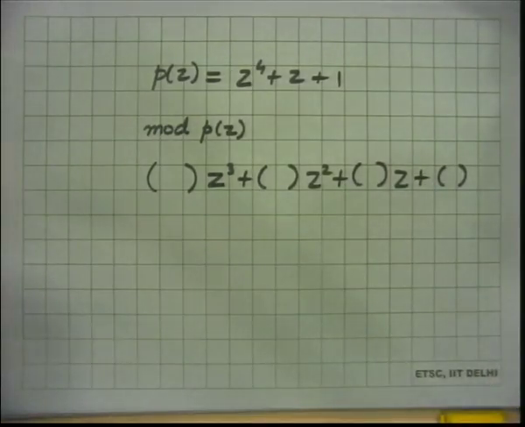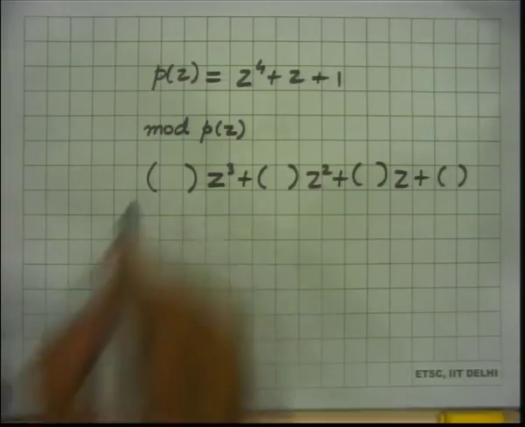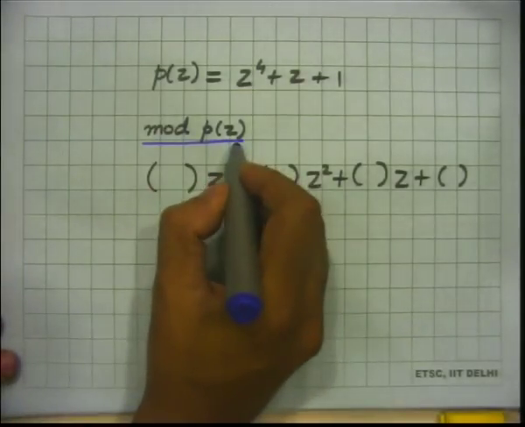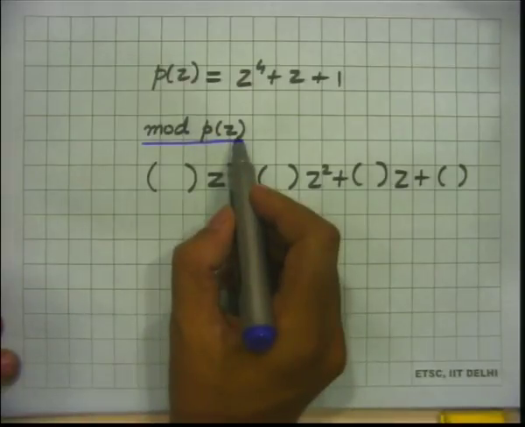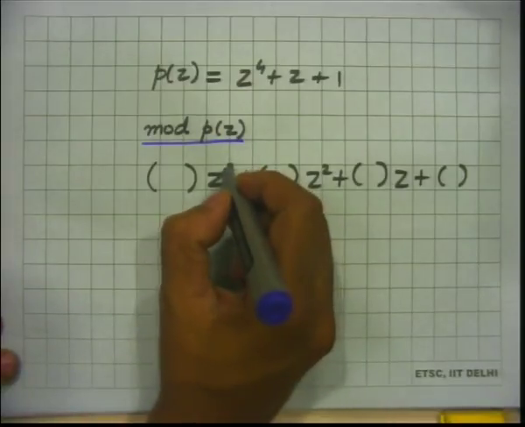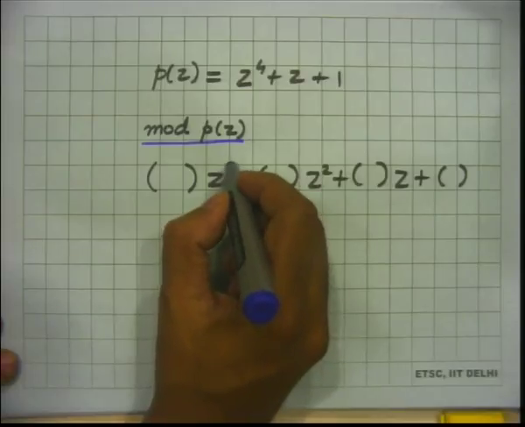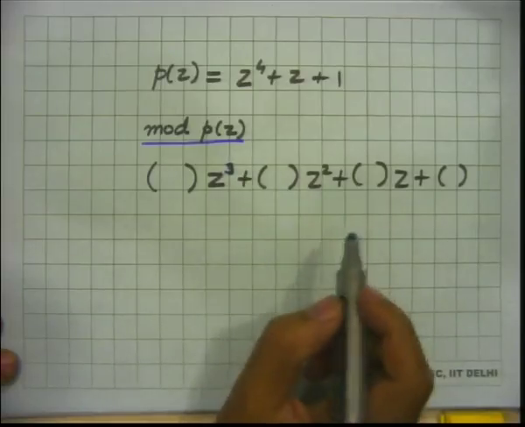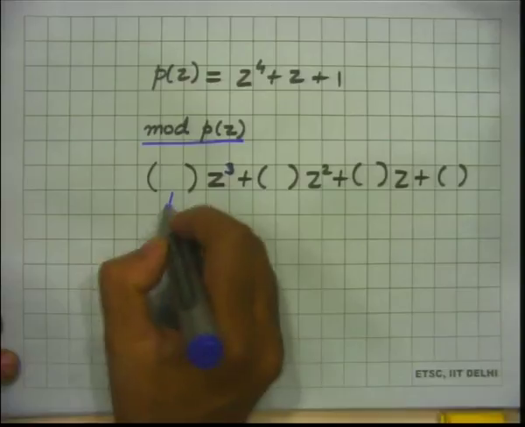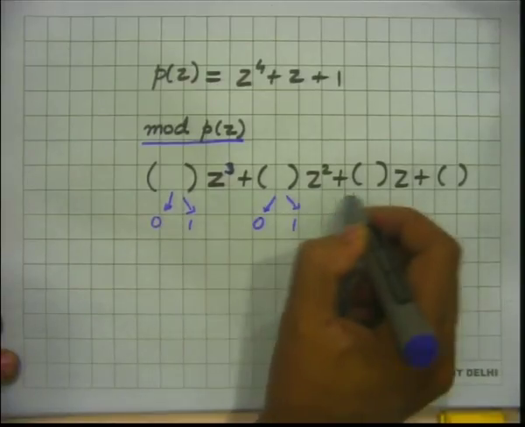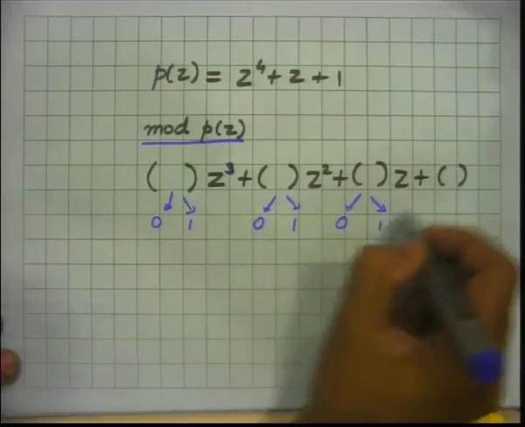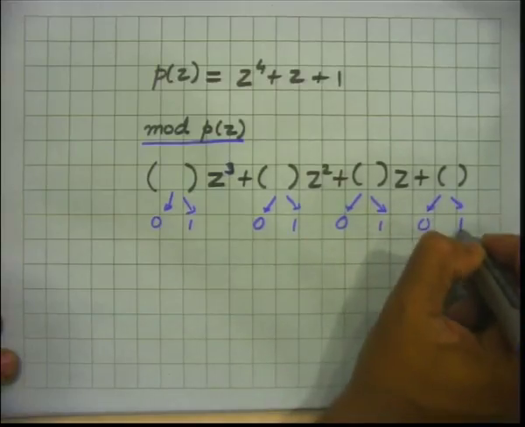So, please note that since we are taking modulo p(z), any remaining polynomial after taking modulo p(z) can have the highest degree 3. So, we have here a 0 or a 1, 0 or a 1, 0 or a 1 and 0 or a 1 coefficients.